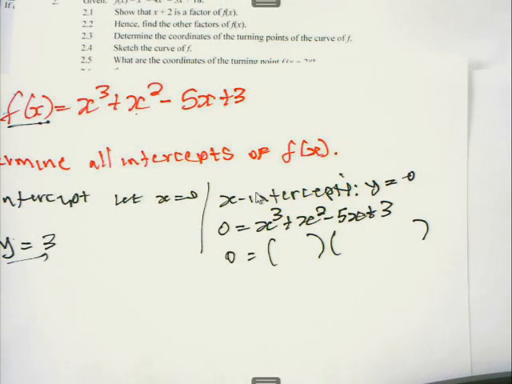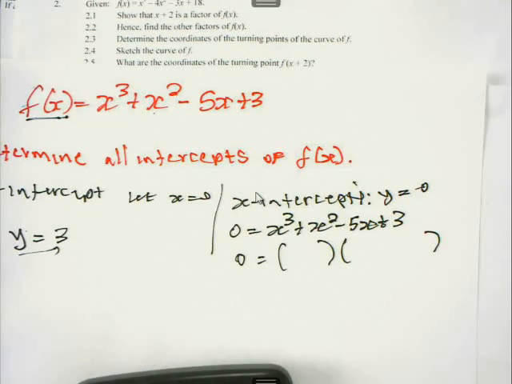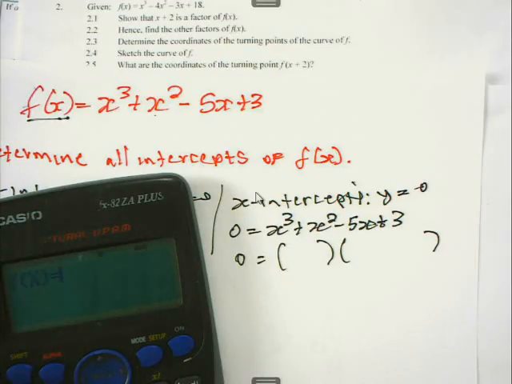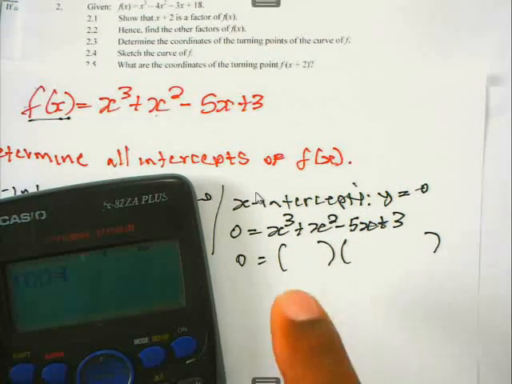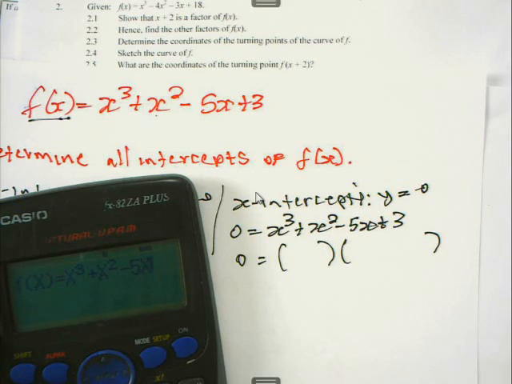But sometimes, taking the values one by one and substituting them takes too much time. So we'll work it out on the calculator, so that at least we get that quickly instead of substituting them one by one. First of all, I need to enter this function: x to the exponent of 3, plus x squared, minus 5x, and then plus 3.